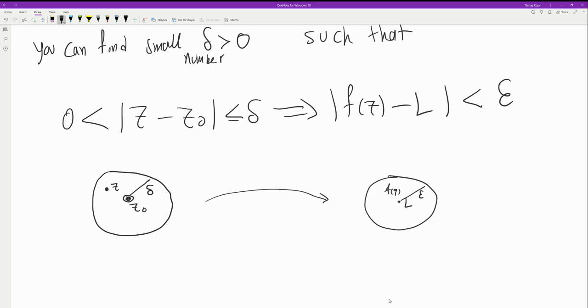So if you want to get epsilon precision, you've got to have delta pre-image. Okay, so this is epsilon precision, and it requires a delta to achieve it.